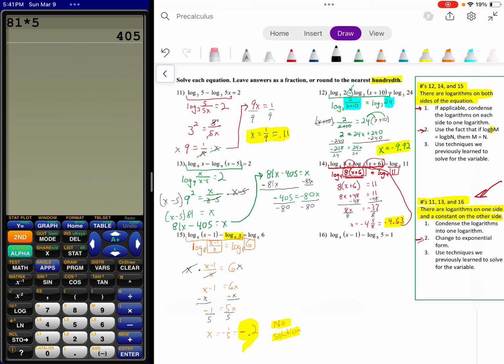That does reduce by 5, but we might just be better off dividing. So negative 405 divided by negative 80 gives us 5.0625. The directions say round to the nearest hundredth, so we will do that. So x is approximately equal to 5.06.